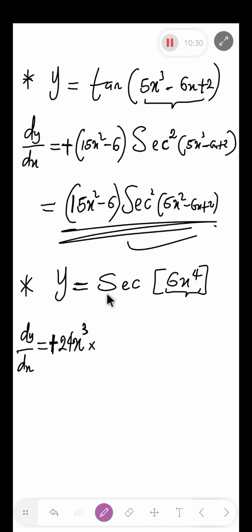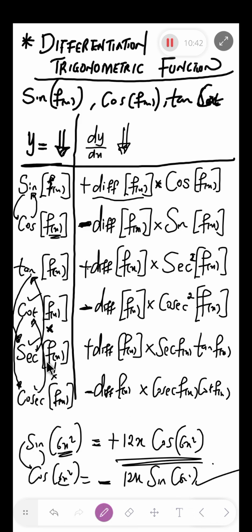Times, now for sec, I can actually recall that I try to combine sec and tan according to that pattern. Let me show you. For sec is the combination of sec and tan. Just remember, you need to memorize this. For cosec is the combination of cosec and cot.